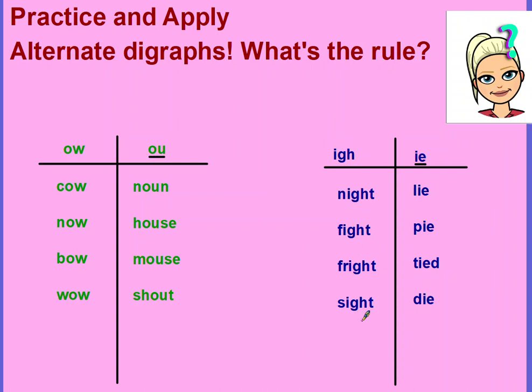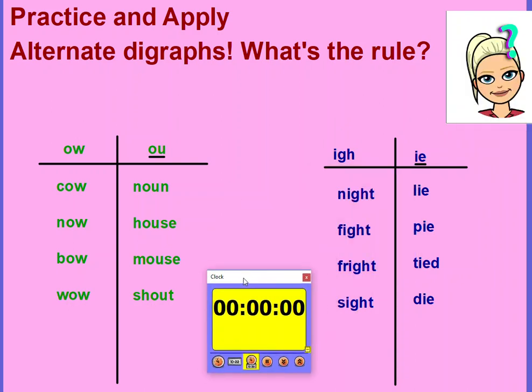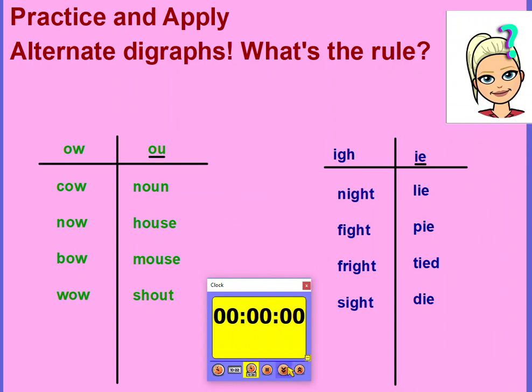So what I want you just to have a little think about, and I'm going to give you another minute on the clock to have a think about this. If you want to write some of the words down, you can, but what I want you to have a think about is, what is the rule going to be? How can we know which digraph we need to use?